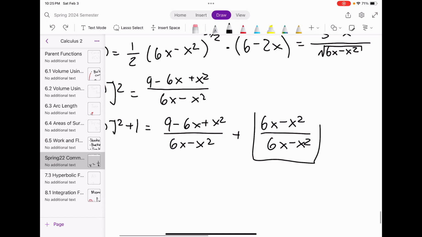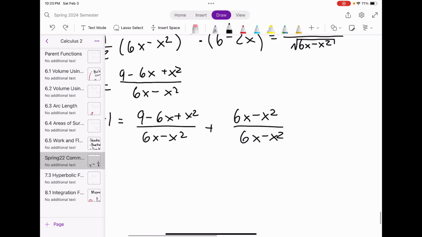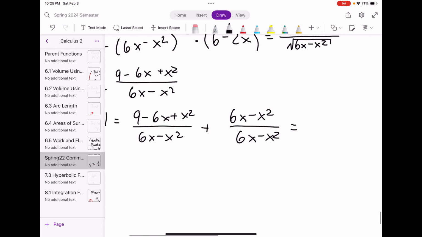And this is still 1 because it's still the same. One thing divided by itself is always 1. So we're still in the clear. But now, when I do it, this x squared will cancel with this x squared. This 6x will cancel with this one. So all we're left with is 9 over 6x minus x squared, which is pretty convenient.